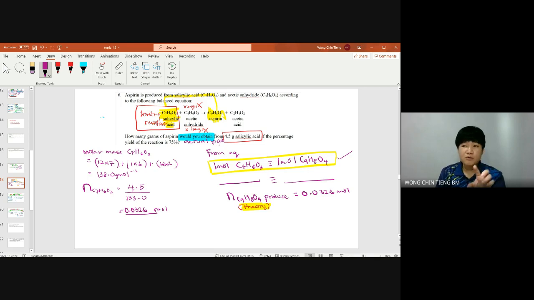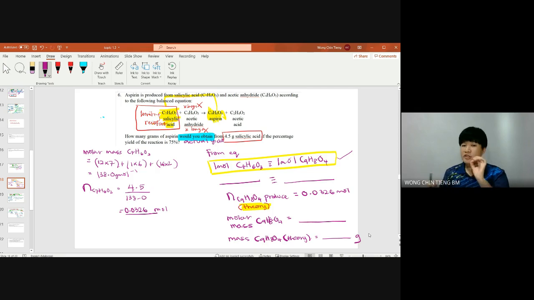But the number of mole that you calculate over here is theory. When the number of mole is theory, definitely from the molar mass of your aspirin, from the molar mass of C9H8O4, you will be able to find the mass of the theoretical yield of aspirin. The mass of aspirin that you calculate over here will be the mass of theory. Setuju?